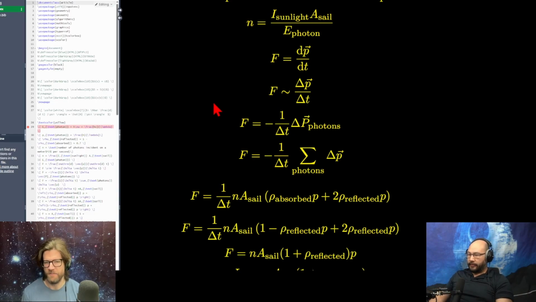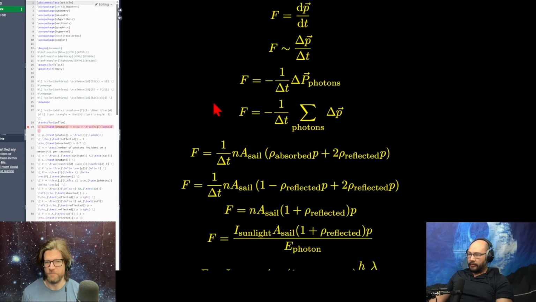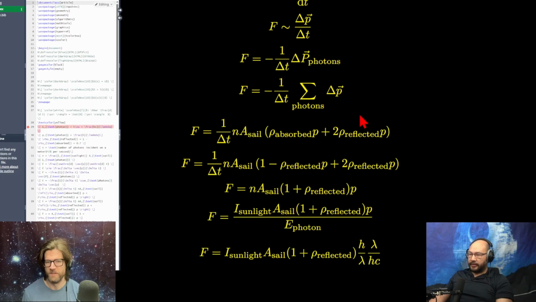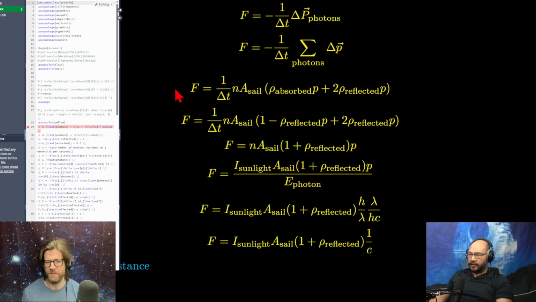Instead of the total change in momentum of the photons, I add up all the individual photons. And then I drop the minus sign because I don't care about the direction anymore. We'll just say that it's negative.